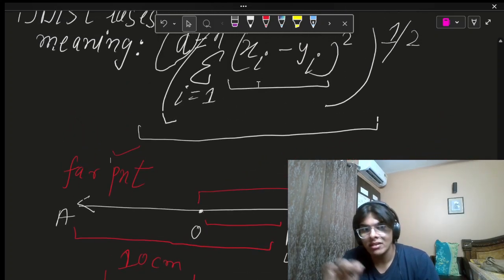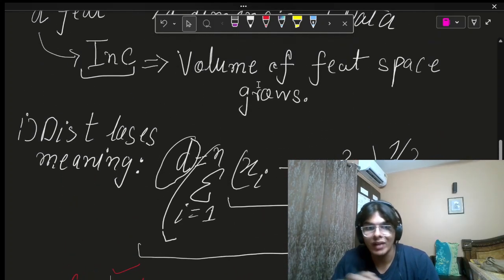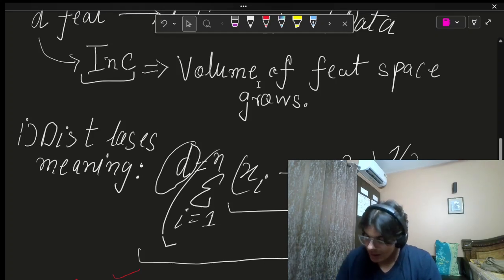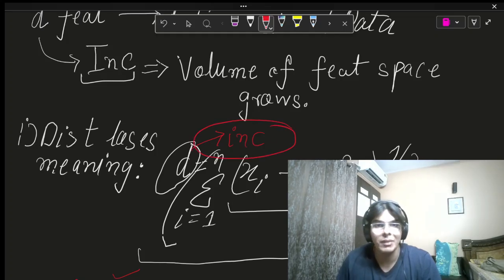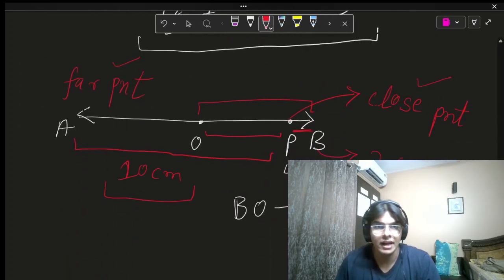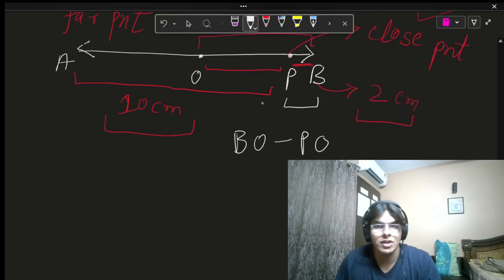So the close points and the far points become sort of indistinguishable when dimensions increase. So when dimensions increase, it becomes difficult to understand how distance based models are going to work. That's the number one disadvantage of our dimensions increasing.